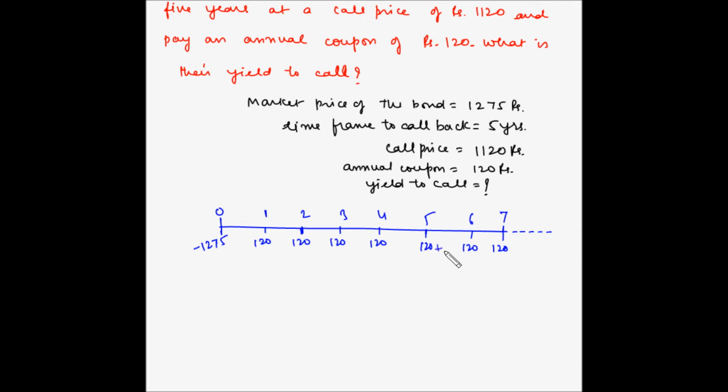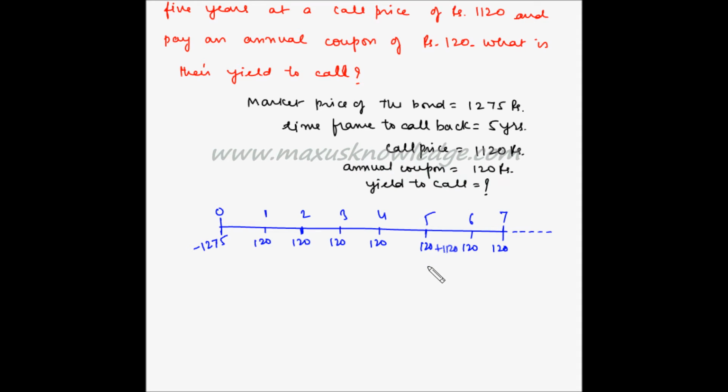So the investor is going to get 1,120 rupees along with 120 rupees in the 5th year. So here we have to find out the yield to call, or in other words, what is the yield or rate of return on the investment till the point when the bond is called back or bought back. So till this point.